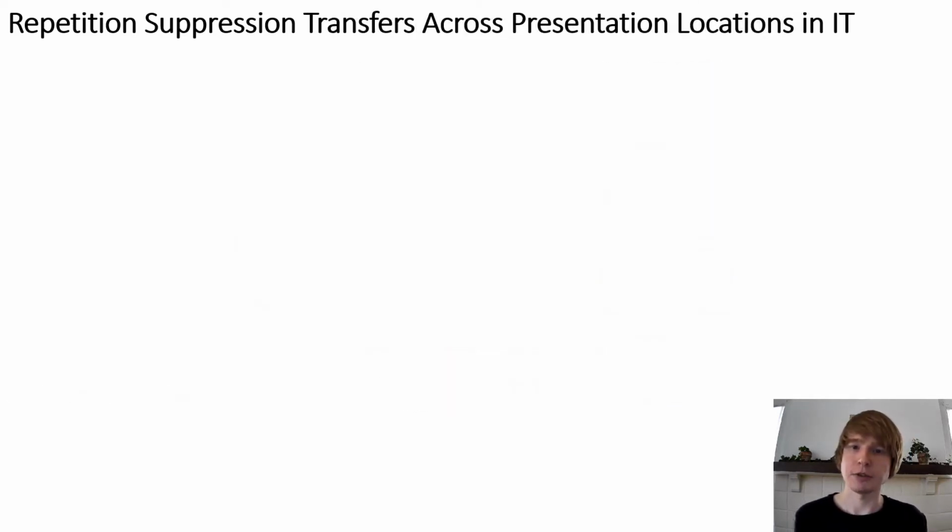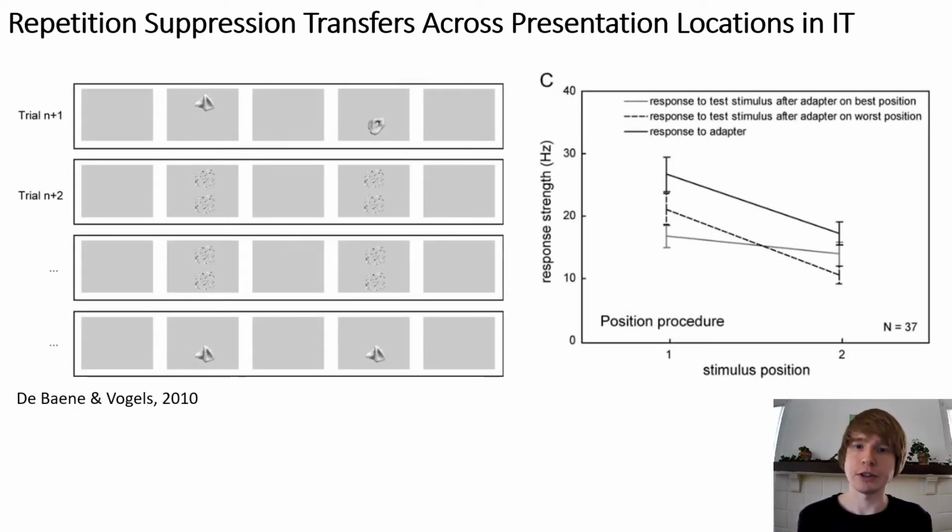In addition to the observation that repetition suppression in IT is stimulus-specific, De Baene and Vogels found in single neurons in macaque IT that there is some suppression that occurs even when the repeated stimulus appears in a different location, above rather than below fixation, and that's the solid versus the dashed and the gray lines.